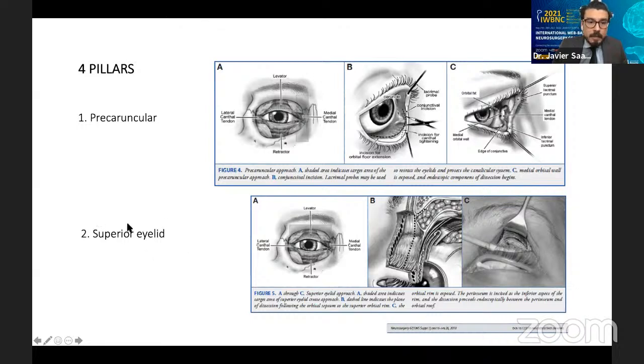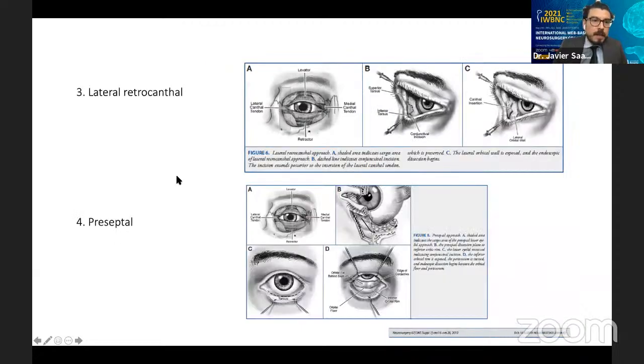This is the superior eyelid approach, which is done by doing an incision in the superior eyelid, of course, and it's not getting in contact with the conjunctiva. This is the lateral retrocanthal approach, which of course aims to go to the more lateral part of the orbit, and has also the risk of carrying morbidities for the more frequent presence of scarring and the need to cut the lateral canthus.